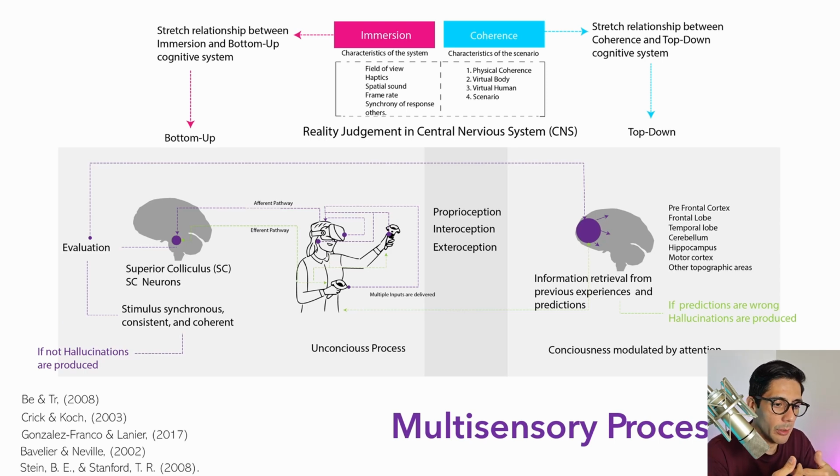In my case, for example, I'm seated. You maybe are standing up, right? So your body has many types of perceptions, such as proprioception, interoception, and exteroception. There are many perception channels, right? And we process them in multiple ways at the same time.